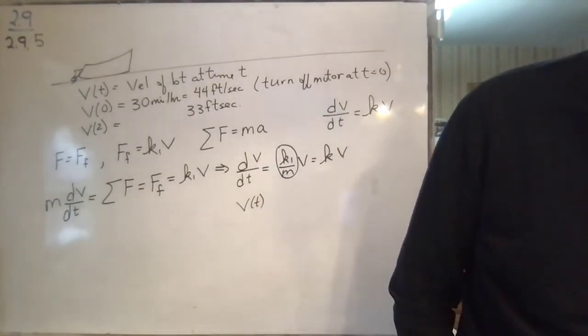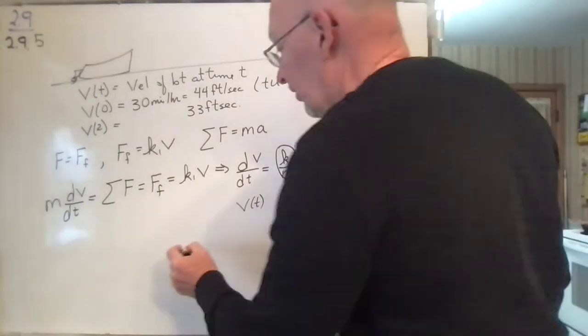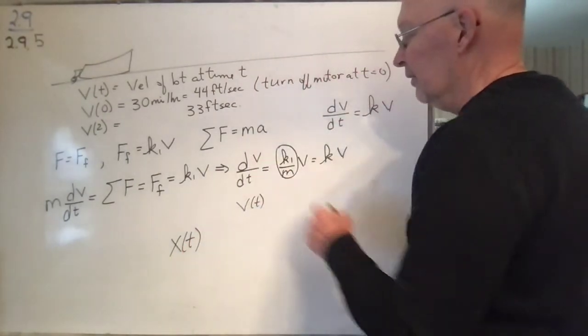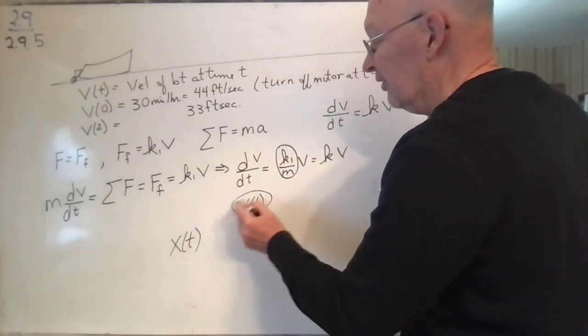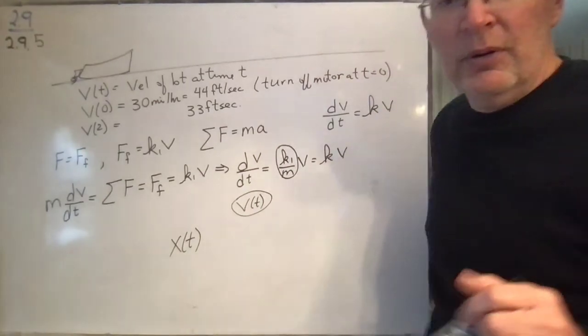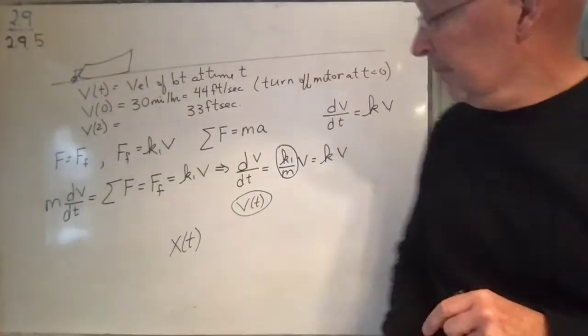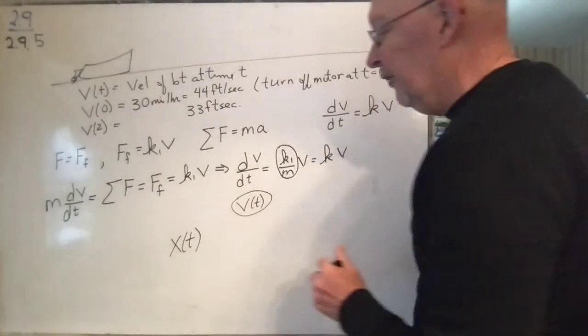And then finally, the last question I ask is, find an expression for the distance that the boat goes. How do you find the distance if you have the velocity? If you have the velocity, how do you find the distance?